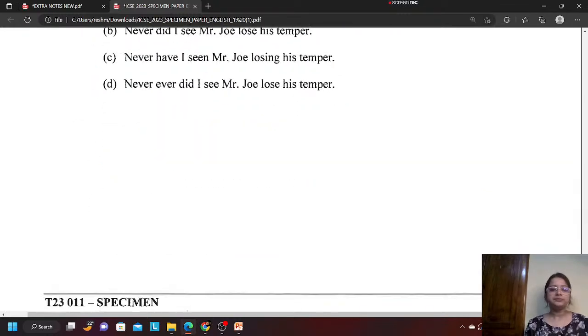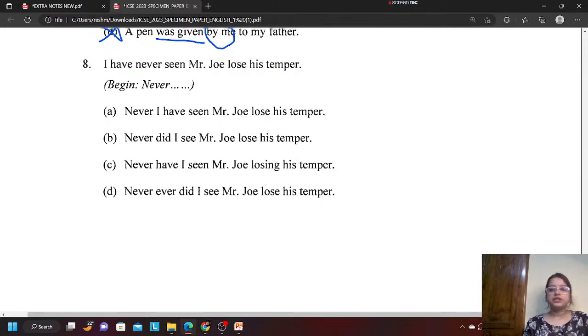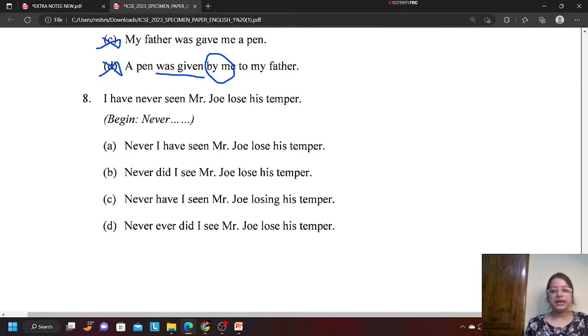Next, number 8. Last sentence for today. I have never seen Mr. Joe lose his temper. Never I have seen. So never के साथ we have to start.